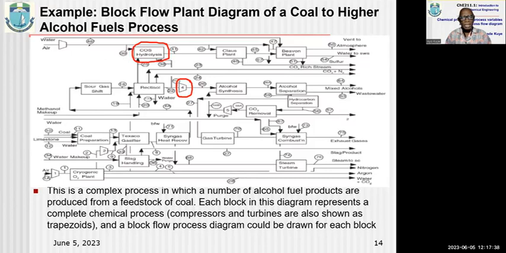And your stream numbers are also stated. You can see the compressor that is there, which is the air coming in is compressed. And if you look at this side here, in a nutshell, you'll be able to see all the products that are coming from the system, from the plant, that you're obtaining from the plant. And when you look at this end here, you can identify all the inputs.